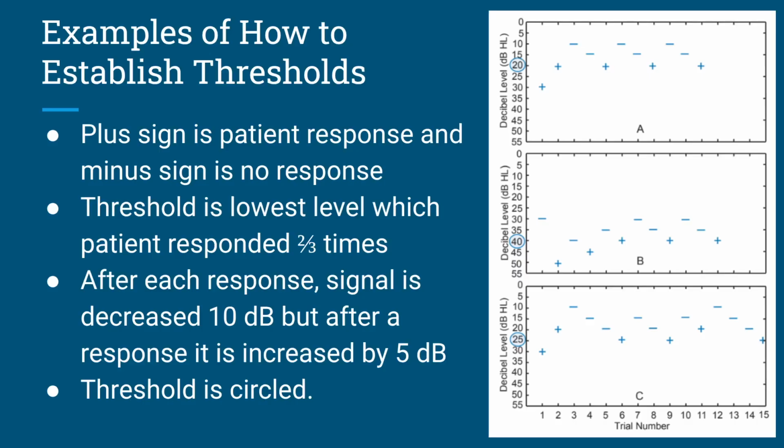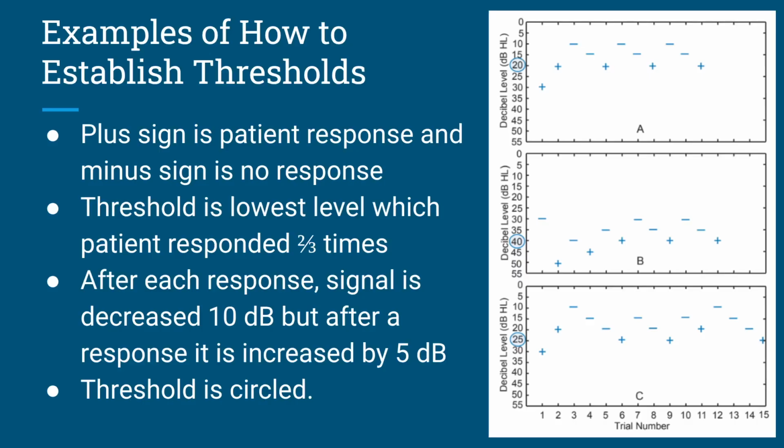So trials 9 through 11 showed the third ascending series in which the patient did not respond at 15 dB and did respond at 20 dB 3 out of 3 times. And so trial 11 technically would not have been required because it would have already been determined that the best score out of a theoretical 4 presentations that the patient could achieve at 15 dB would be 25%.